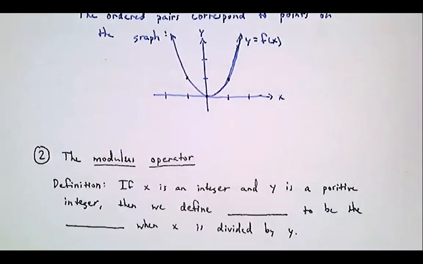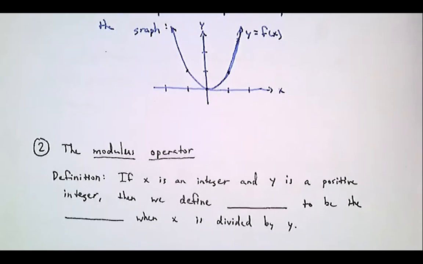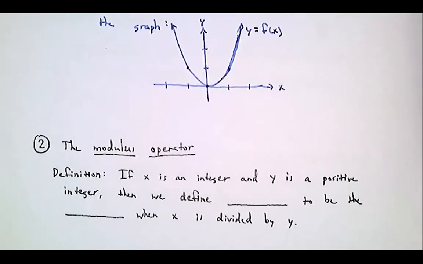Okay, so let's move on to this next function. This one is called the modulus operator, or modulo arithmetic. You might have heard those words. And this is something that actually does come up quite a bit in programming. Here's what it is.